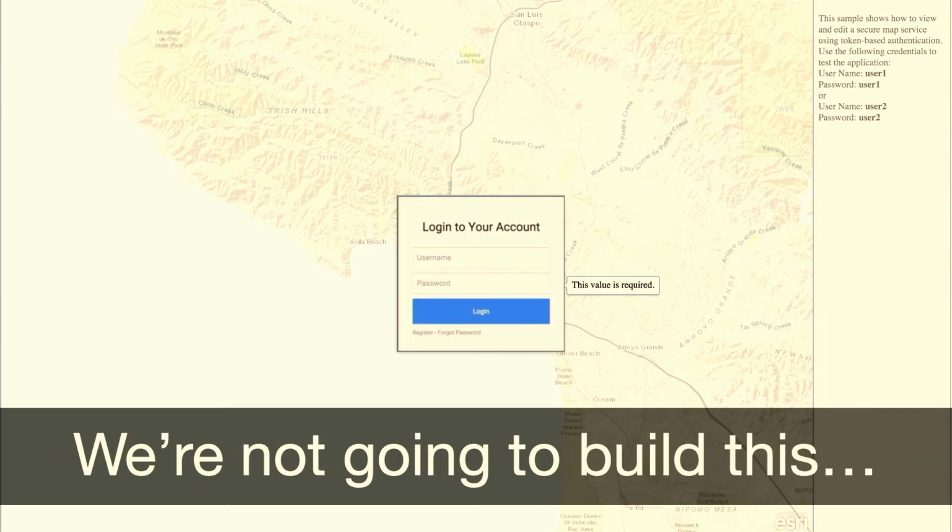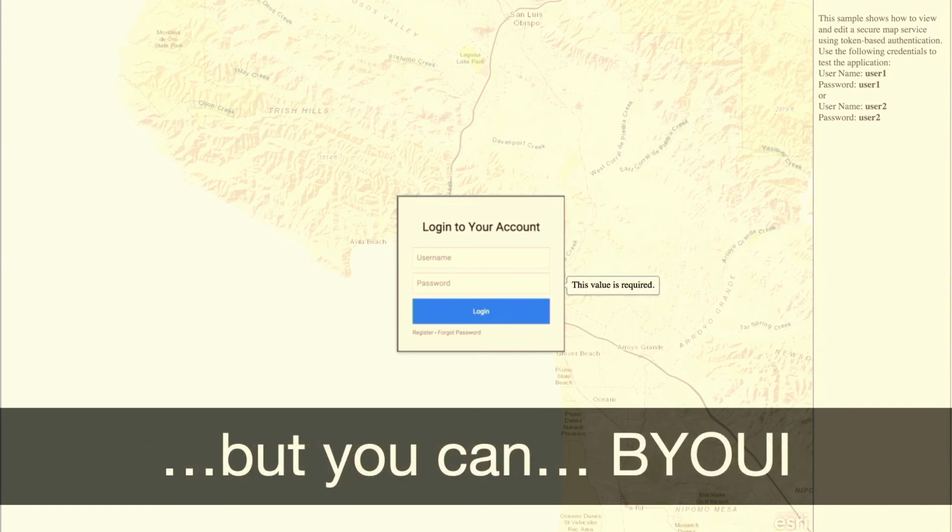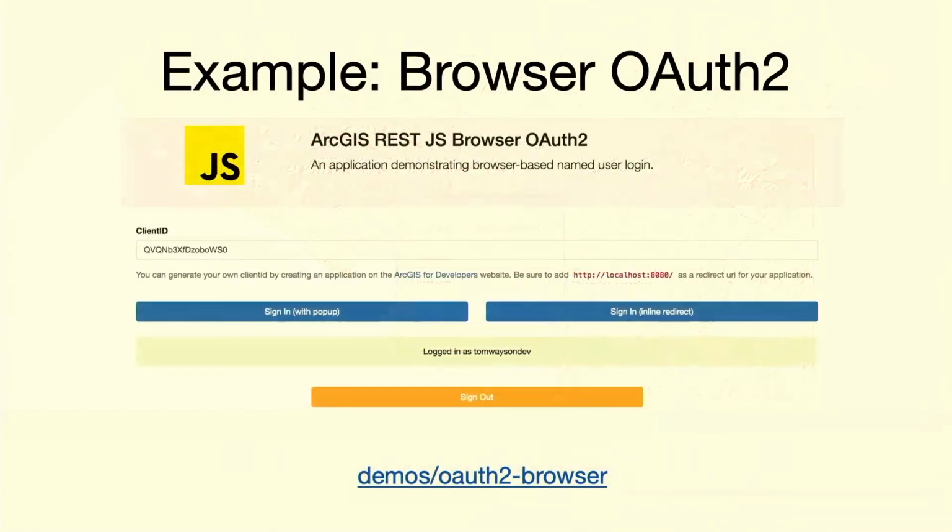So we're not going to build anything like this where we are generating a form for you, because we don't know what UI library you're using. But you can. You just bring your own UI library, and you can write a simple form like this that takes in a username and password and calls the underlying token auth functions inside of RestJS.